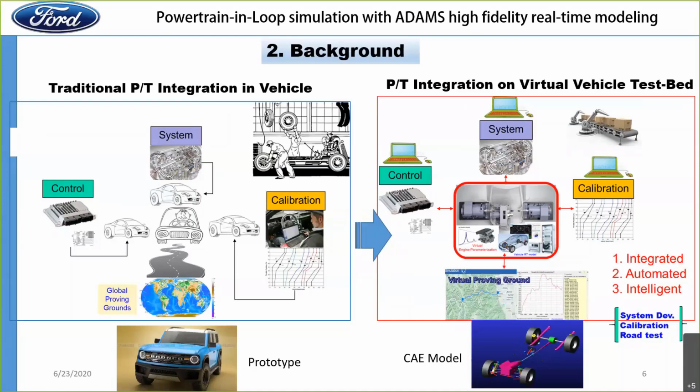We drive the prototype vehicle all over the world, at proving grounds in Europe, Asia, and North America, to prove it is robust. This is the traditional powertrain integration process in the vehicle. We do need a vehicle put together to confirm the function of the powertrain system.